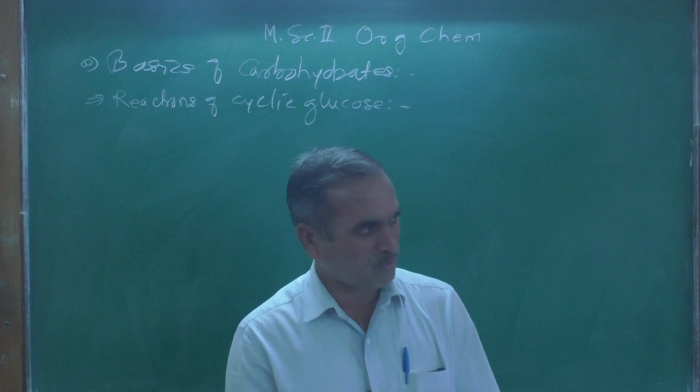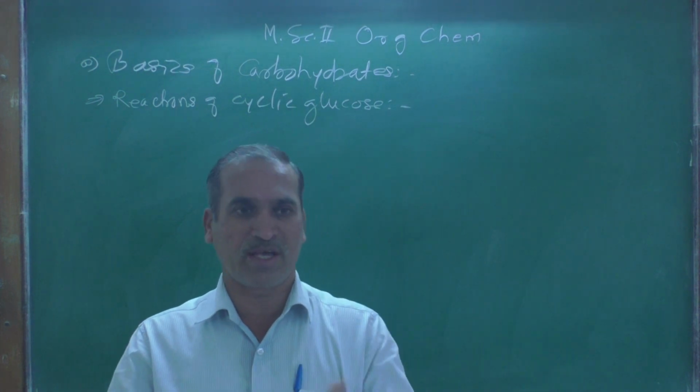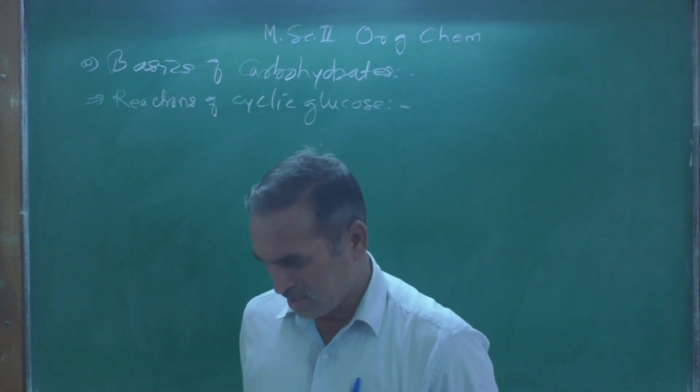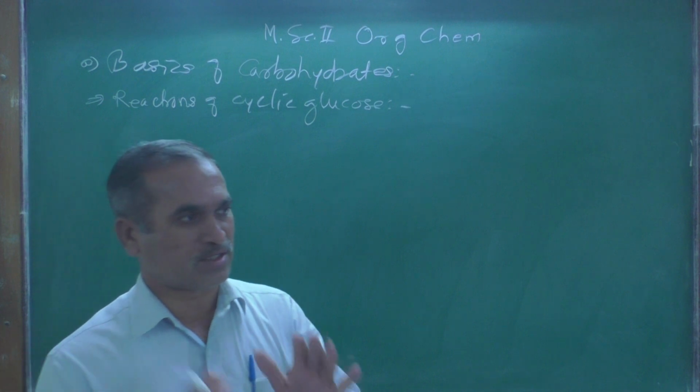We discussed how the Haworth projection formula is better than the Fischer projection formula as far as a cyclic ring structure is concerned, yesterday.